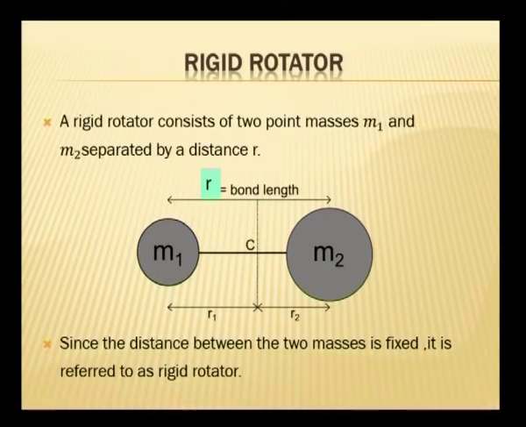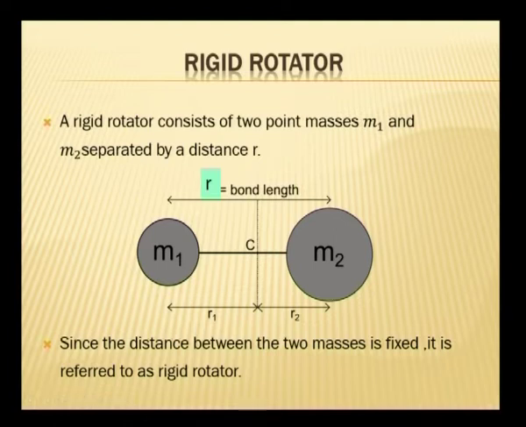And the center C refers to the center of gravity of the system. So, a rigid rotator consists of 2 masses M1 and M2 separated by a distance, and since the distance between the 2 masses is fixed, it is referred to as a rigid rotator.